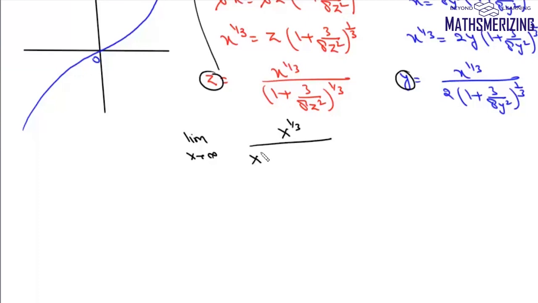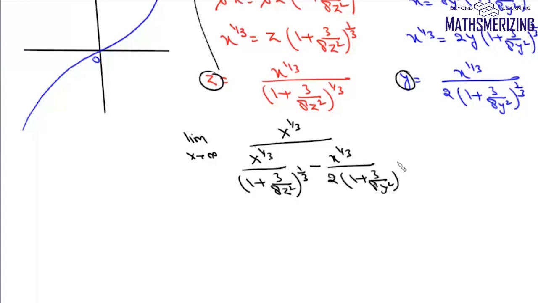Now z in this case is x to the power 1 by 3 upon (1 plus 3 by 8z square) to the power 1 by 3 minus x to the power 1 by 3 upon 2 (1 plus 3 by 8y square) to the power 1 by 3. Now we can cancel this x to the power 1 by 3 from the numerator and from the denominator. Now we have to find the value of this limit z and y when x tends to infinite.